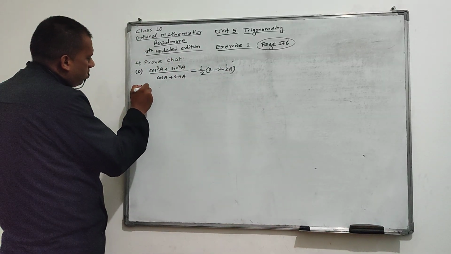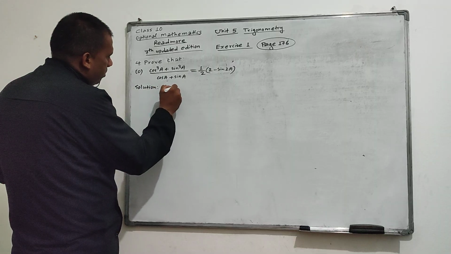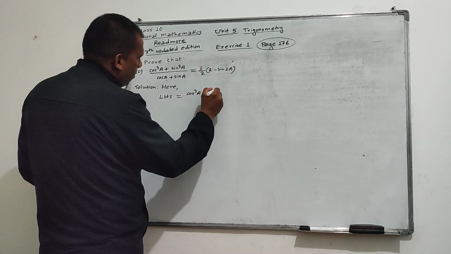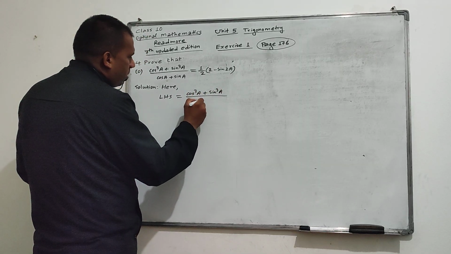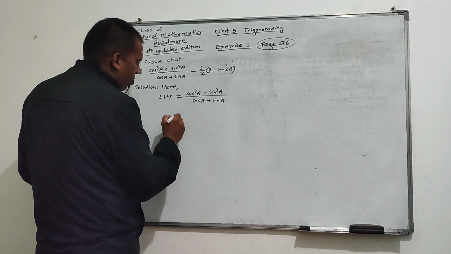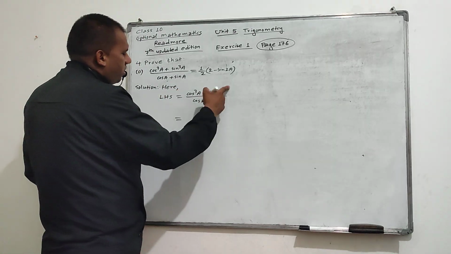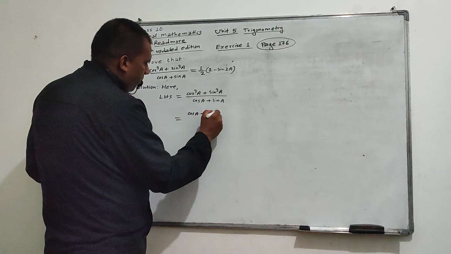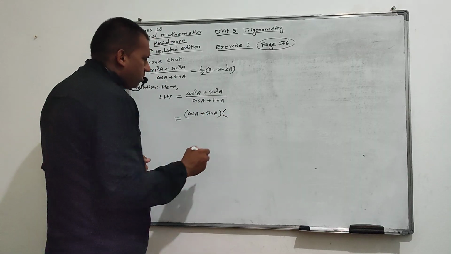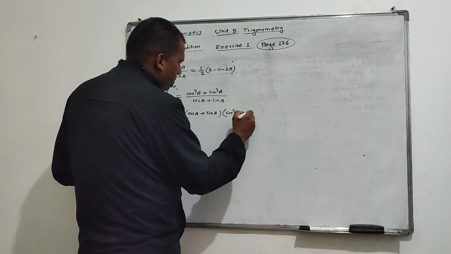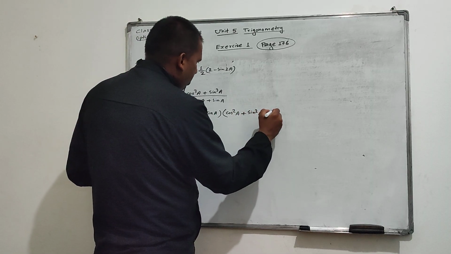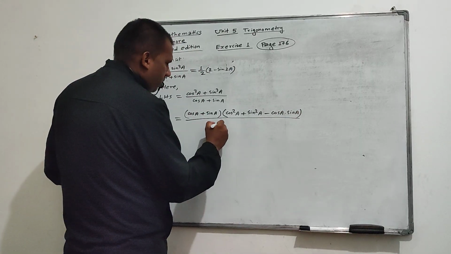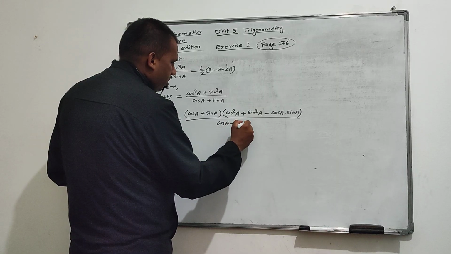Here LHS equal to cos cube A plus sin cube A whole upon cos A plus sin A. This is the form of cos cube A plus sin cube A. Equivalent making form using formula, cos A plus sin A times cos square A plus sin square A minus cos A sin A, whole upon cos A plus sin A.